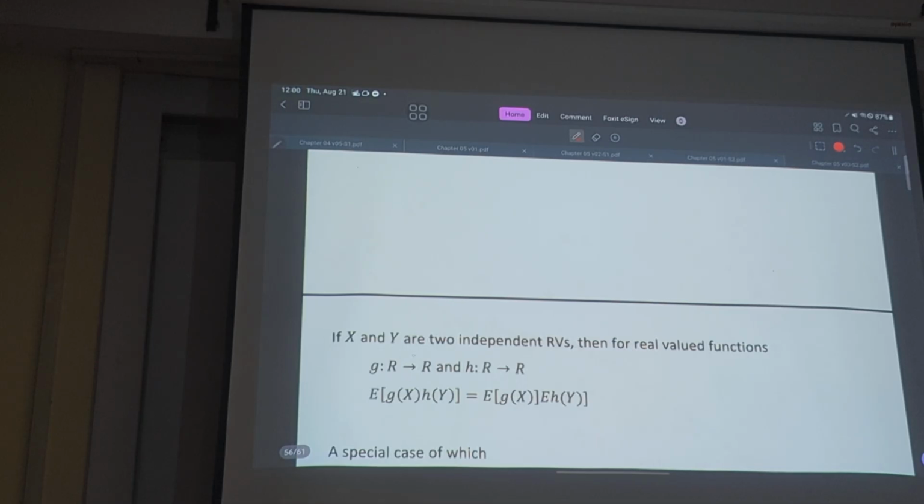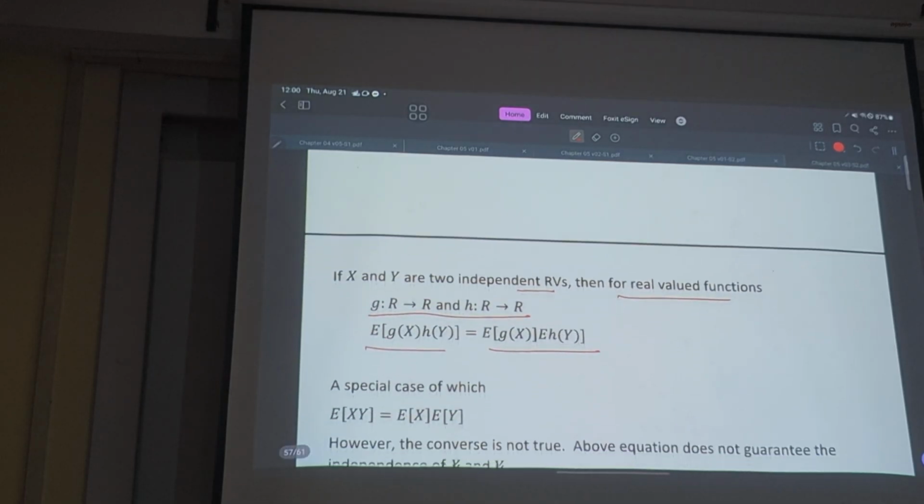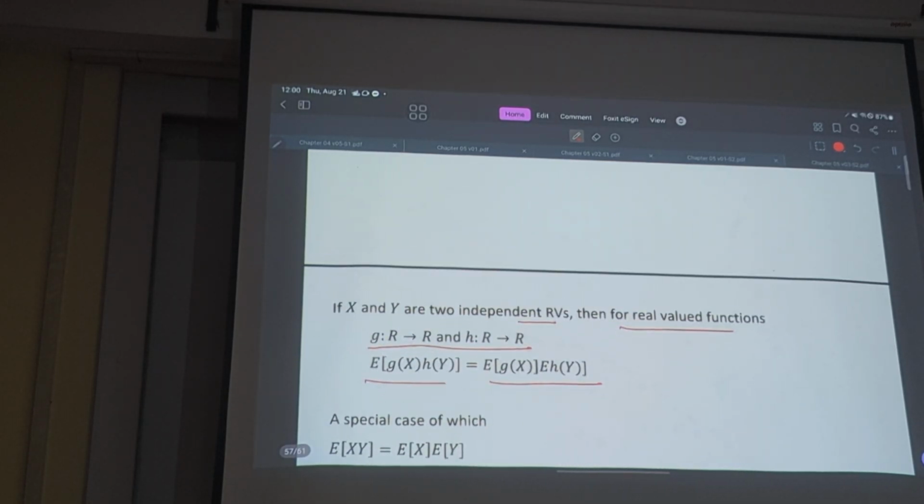If x and y are two independent random variables, then for real valued functions, their expected values will be the product of their expectations, and the special cases. So if x and y are independent, then the expectation of their product will be equal to the product of their expectations.